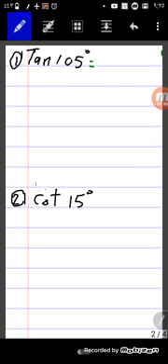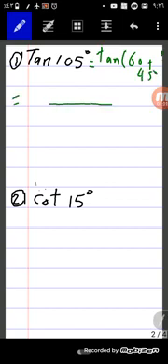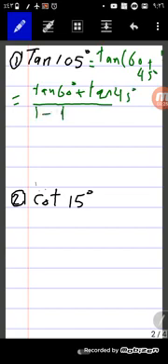Example number 1, tan 105. We can make tan 105 as a sum of two special angles, tan of 60 plus 45. We can apply the first rule: tan 60 plus tan 45 over 1 minus tan 60 tan 45.